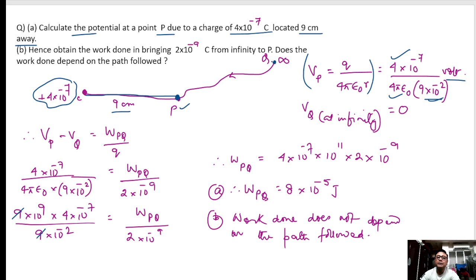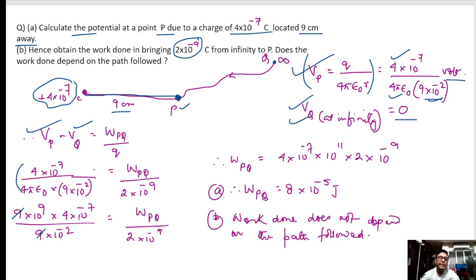Next, potential at infinity will be 0. So if I bring this charge from infinity to P, at P the potential is this, and at infinity the potential is 0. So what is the potential difference?